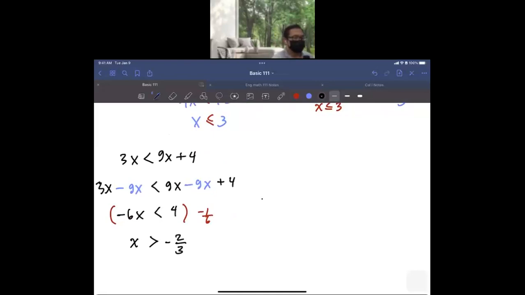If we want to make this interval on the number line and check whether our answer is correct or not, we could check around this negative 2 over 3: check 0, check 1. That is easy to follow, to see whether it is true or not.